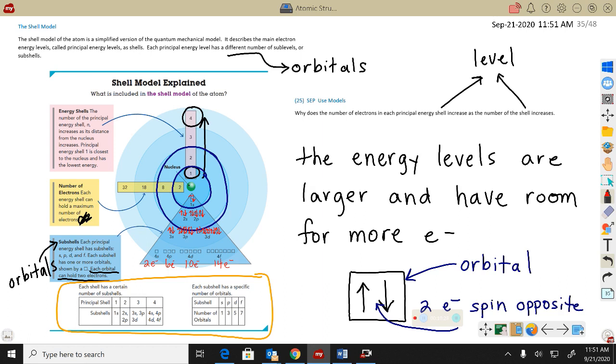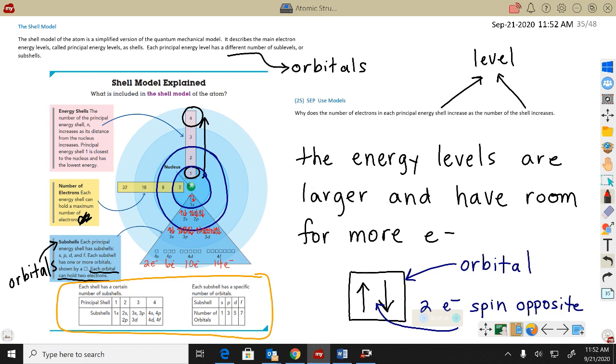Isn't that crazy? So this Schrodinger math, these crazy mathematical equations that came up with these shapes and sizes and how many orbitals, we don't have to get into any of that. But evidence from his models is kind of relevant in that it tells us how many electrons we can fit in each energy level. And why do we care?